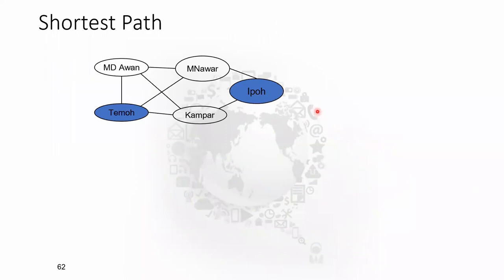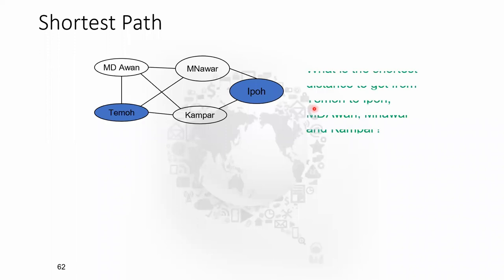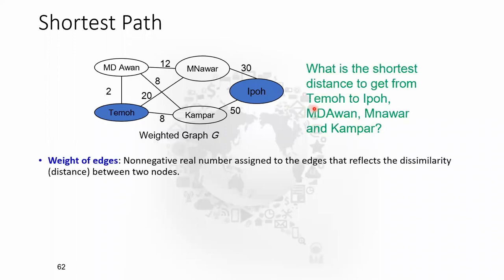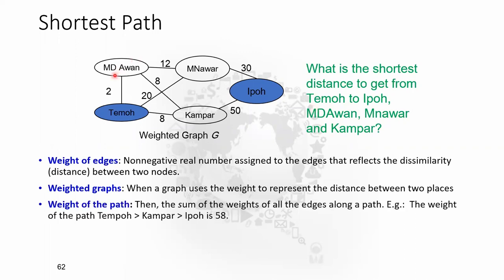After we talk about how a graph is traversed, let's say the problem that we have here is that the nodes show the names of places: MD Awam, M Nawar, Ipoh, Kampar, and also Thermo. I bet you know where Ipoh and probably Kampar are.